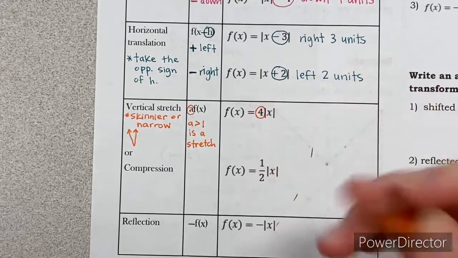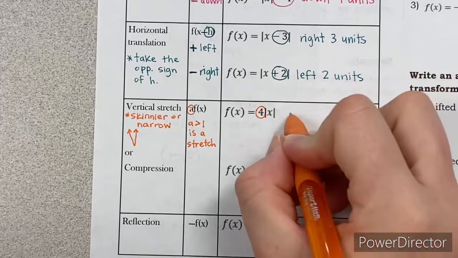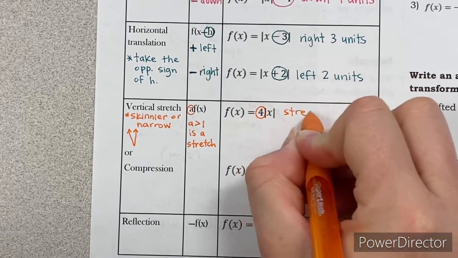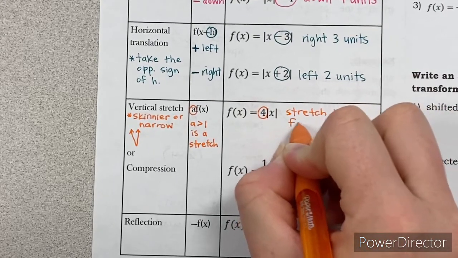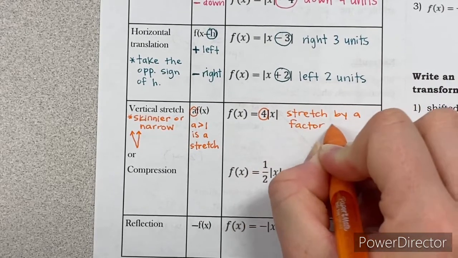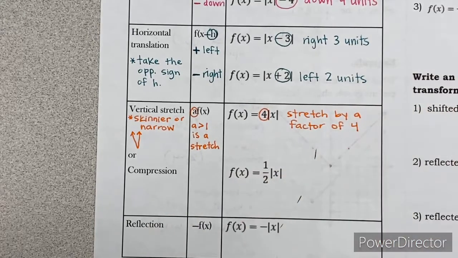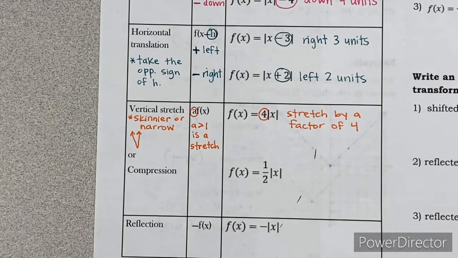So how you would describe this transformation would just be a stretch by a factor of 4. If you tell me that, then in my head, here's what's happening.